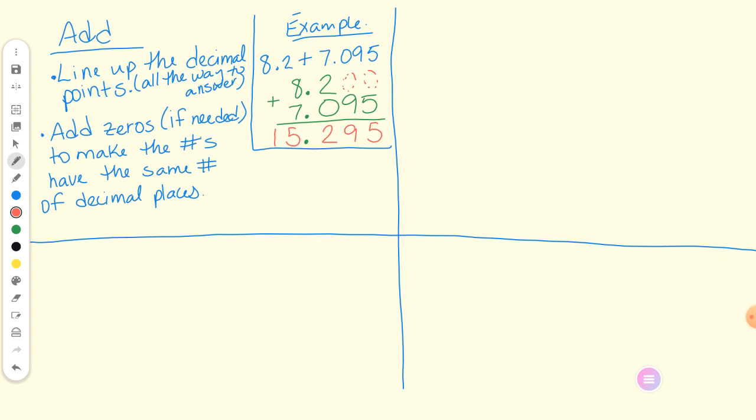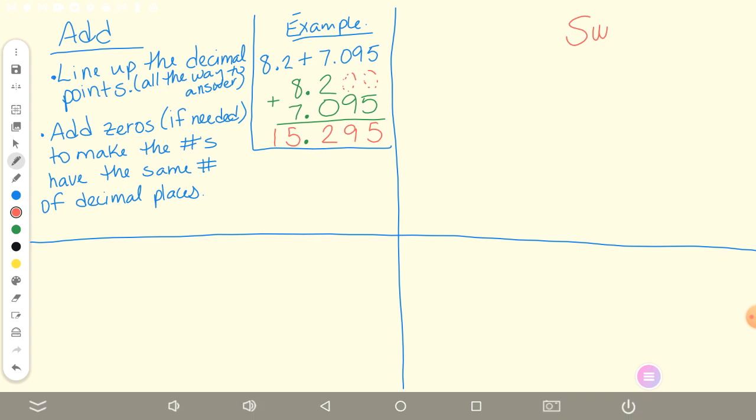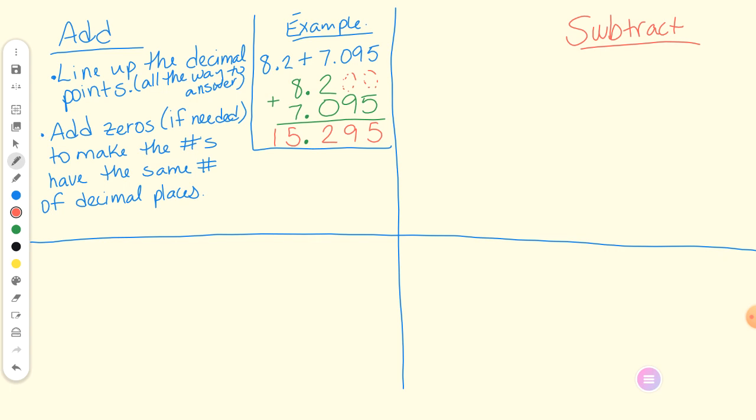Okay, do we know any of the other rules yet? Maya, what other rule do we know? Subtract. This one's going to be easier to write. What is my rule for subtract? Maya? Okay, so it's the same as addition, except you subtract instead of add.